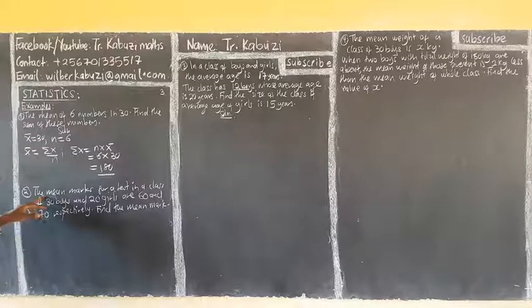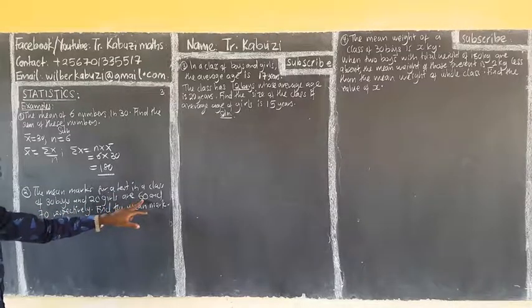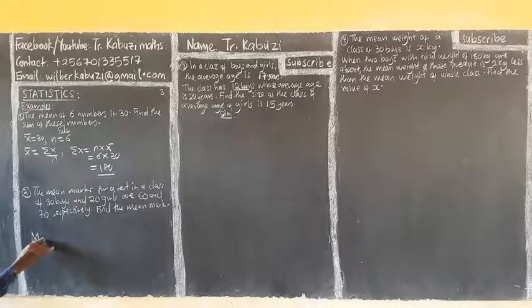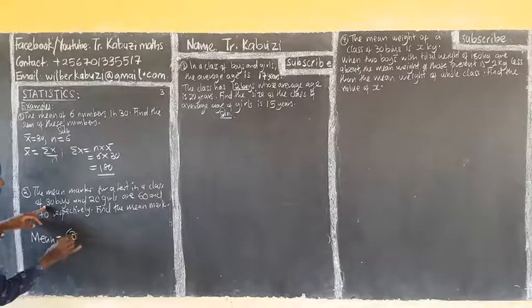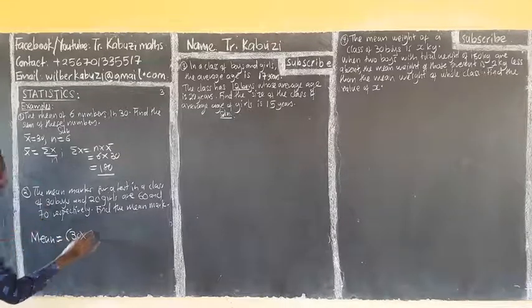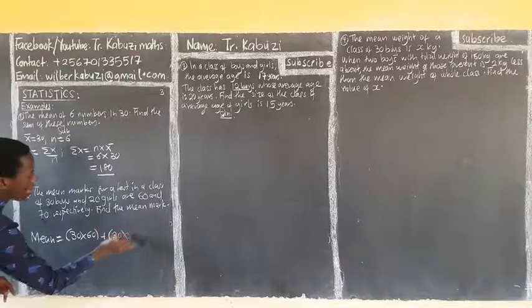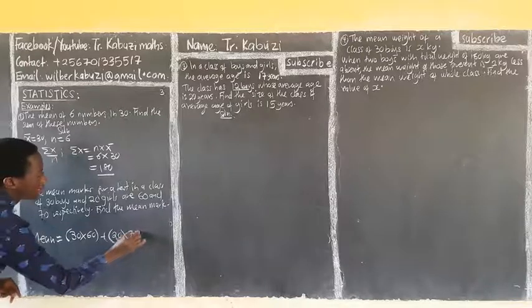Then this one: the mean mark for a test in a class of 30 boys and 20 girls are 60 and 70 respectively. So the mean mark for 30 boys is 60 and the mean mark for 20 girls is 70. Find their mean. How we get the mean is going to be very easy. We get the 30 boys times their mean mark, which is 60, plus the 20 girls times their mean mark, which is 70.